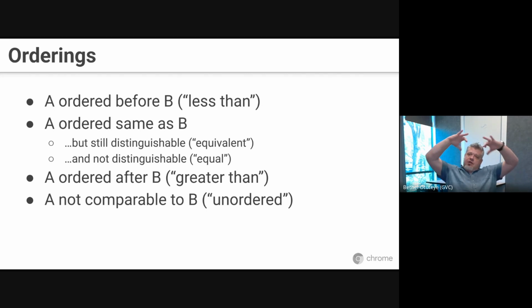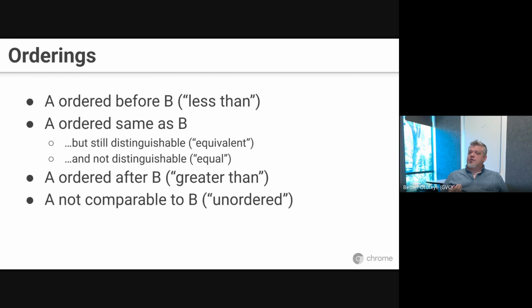And even within the ordered the same as, we can have two different cases. They're the same in terms of ordering, but they're still distinguishable, or they're not distinguishable. Think of this as like case-insensitive string comparisons.